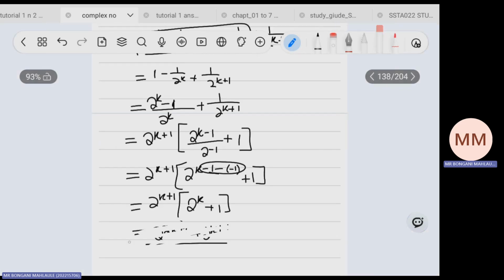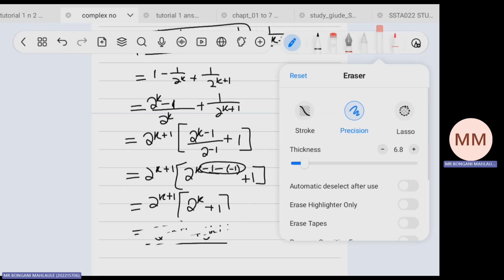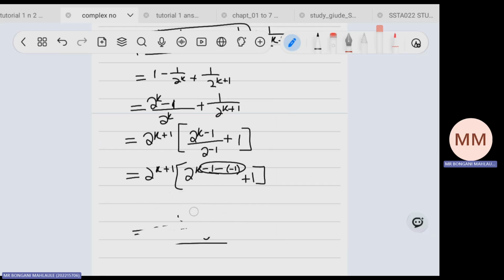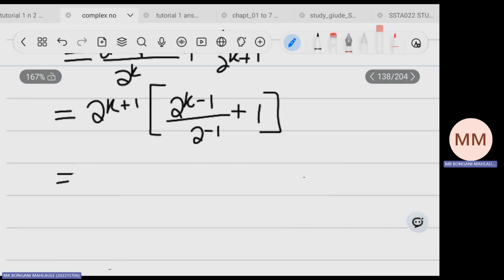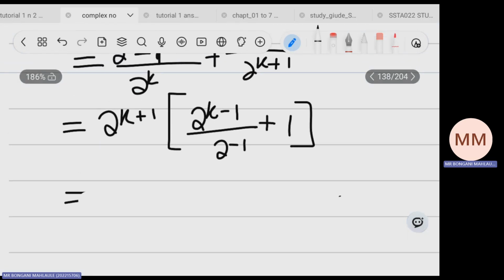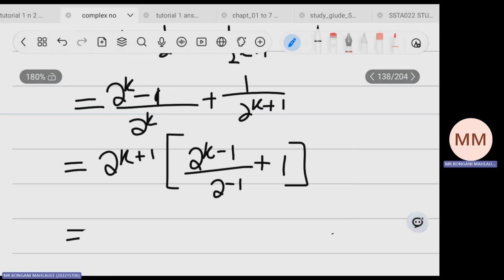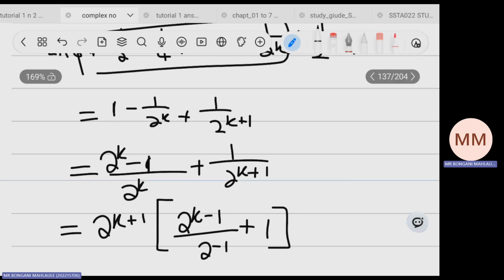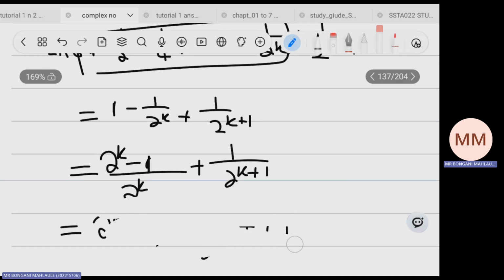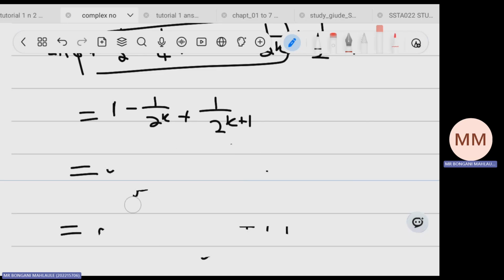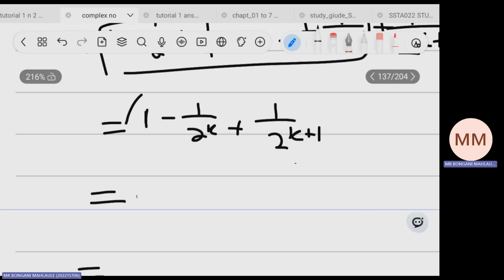Okay, let me remove this and write it in another way. That will make this simpler. I could have said, let's remove up here. We could have grouped these two together, and then this will be 1 minus.